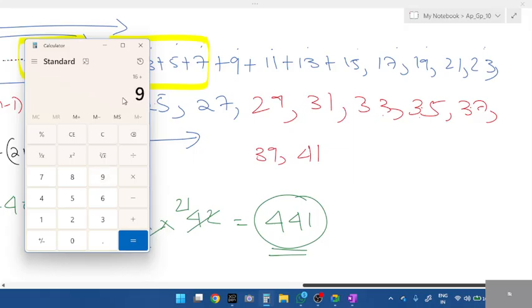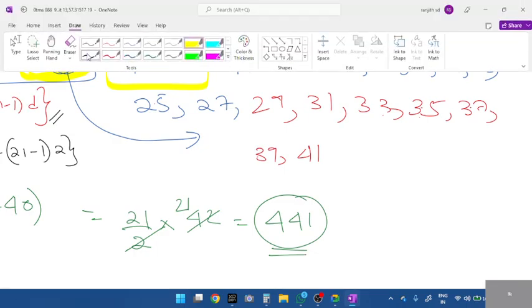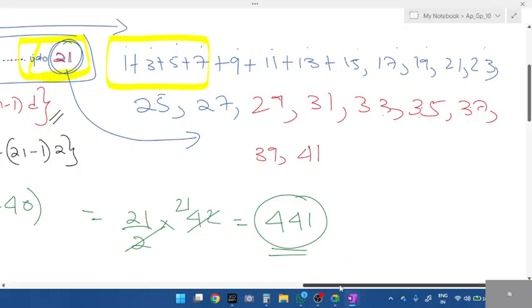This is the meaning. You keep on adding all the numbers, from 1 to 41 you add, the total should be 441 is the answer. Is this concept clear? All of you understood? 441.